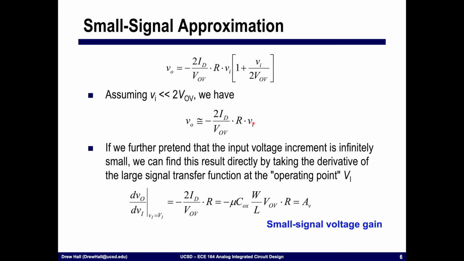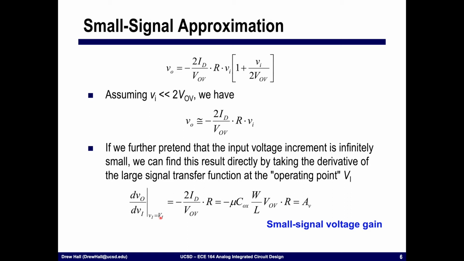You can also get at the same result in a slightly different manner. You can essentially use calculus to say that if you were to take the derivative of the output with respect to the input, given the condition that the input, the large signal instantaneous voltage, is only the DC bias point. And so what that essentially is saying is that we're making the input voltage infinitely small.